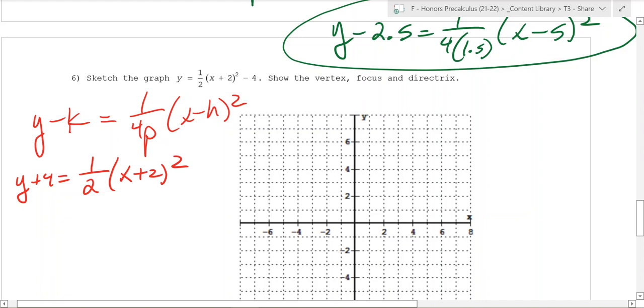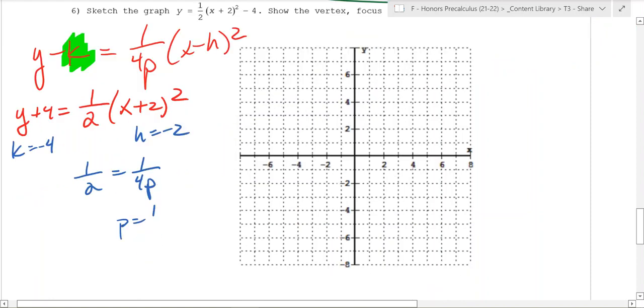So what that means is k, here's our k value right here, it's y minus k. So that means that k is going to be equal to negative 4 here. And then we know that it's x minus h, so h is equal to negative 2 right there because it's plus 2, has to be the minus of it, right? And then we know that 1 over 2 is equal to 1 over 4p. So that means that p is going to be equal to a half.